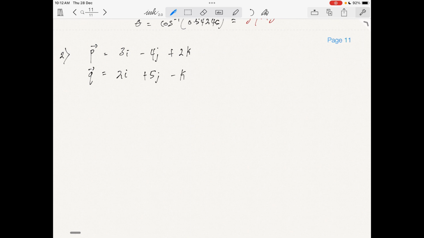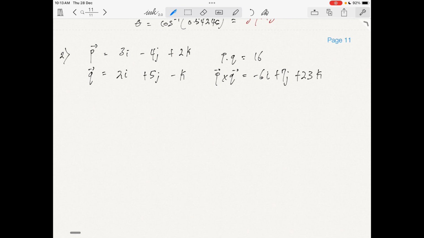And we evaluated that p dot q is equal to 16, and p cross q is equal to minus 6i plus 7j plus 23k.